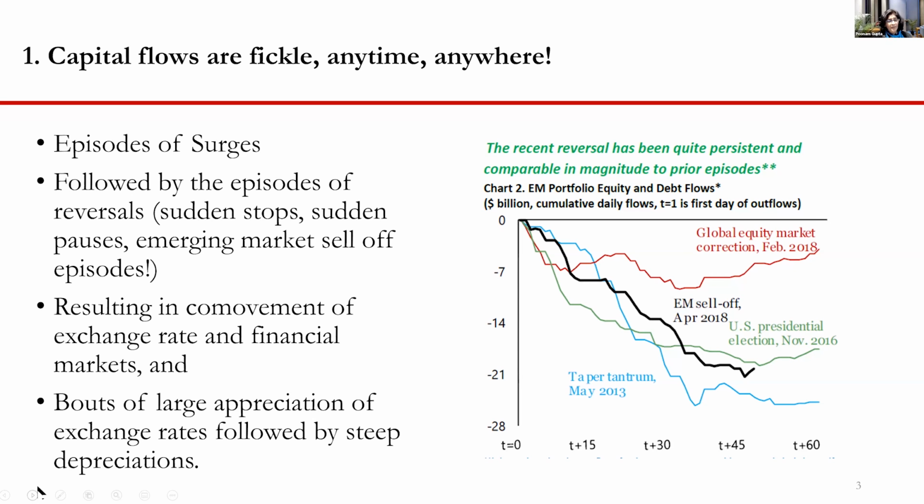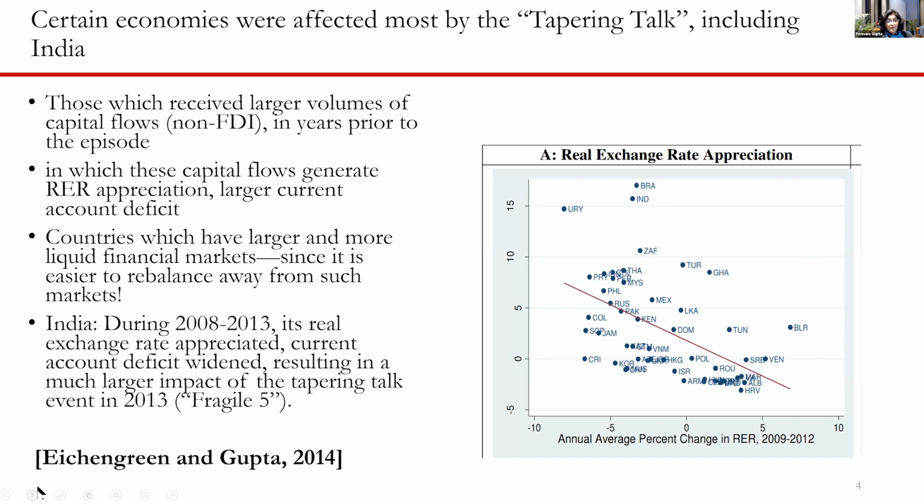What happens in all this is that there is strong co-movement of exchange rate and financial markets. And of course, surges, as I said, result in large appreciation of exchange rates. And when reversals happen, they are followed by steep depreciations. Then the question is whether an emerging market is served well under such a situation when there are such large movements in exchange rate, and these are all due to external factors.